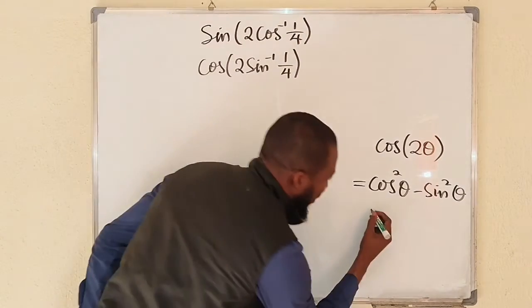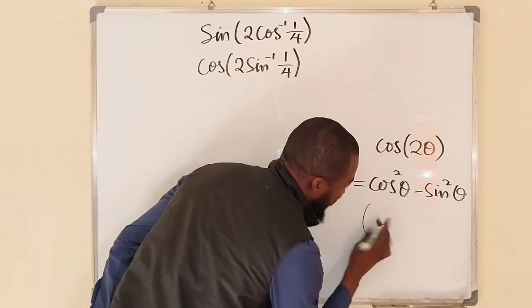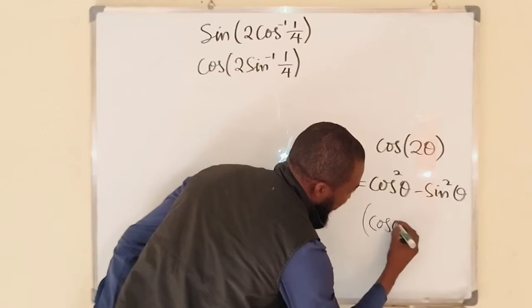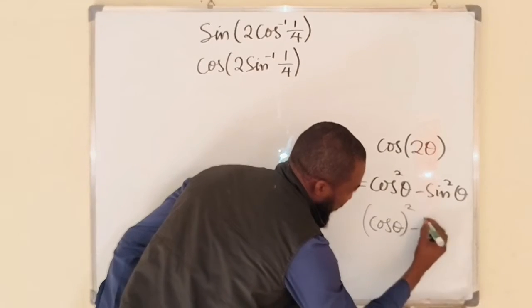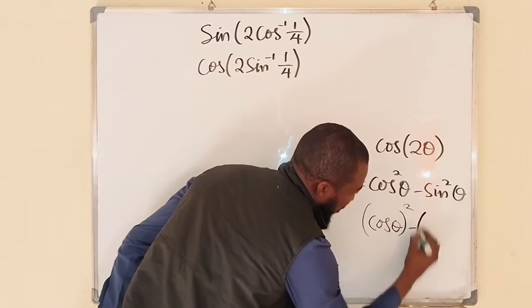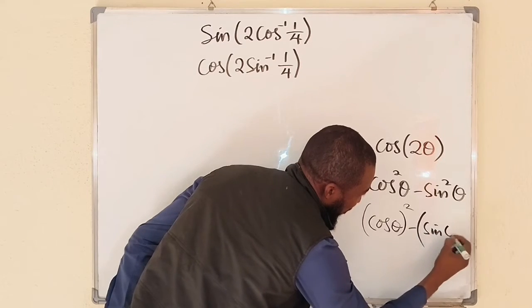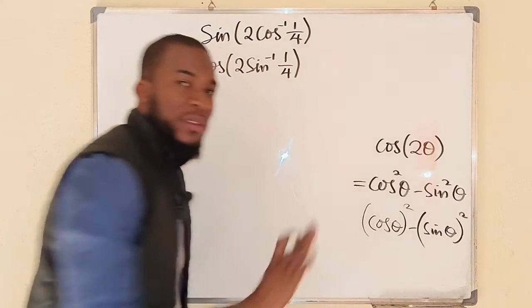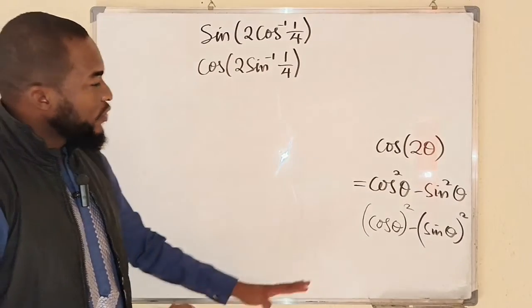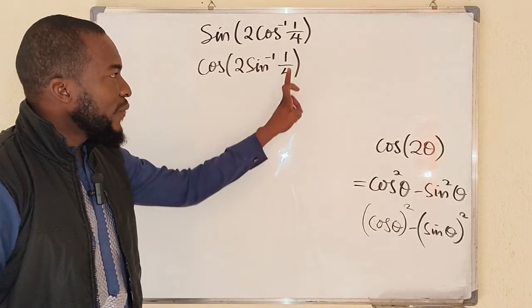If you like, you can write it as cosine theta whole squared minus sine theta whole squared. They are all the same. You should know that. Here theta is sine inverse of 1 over 4.